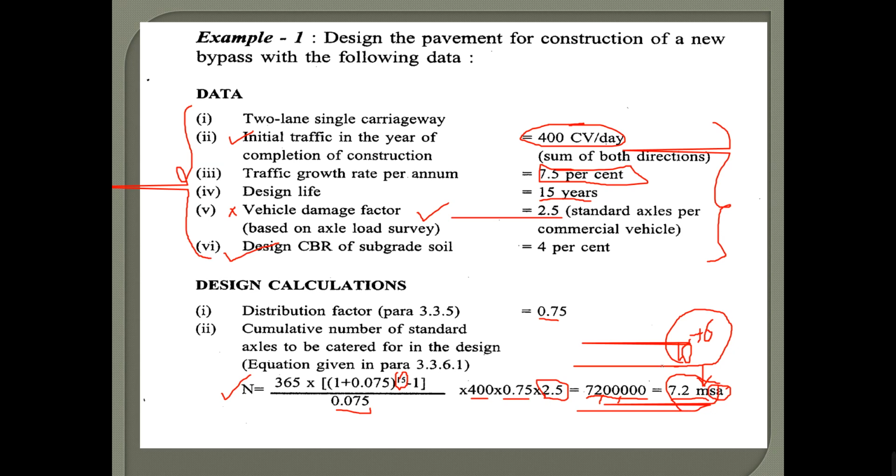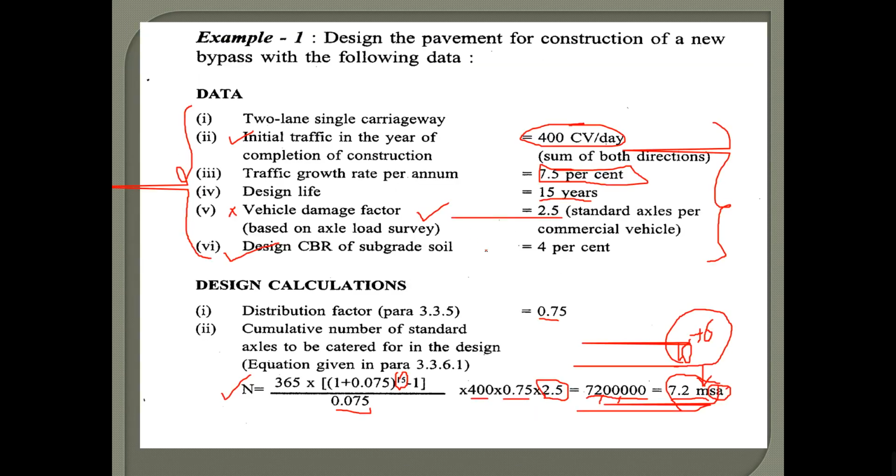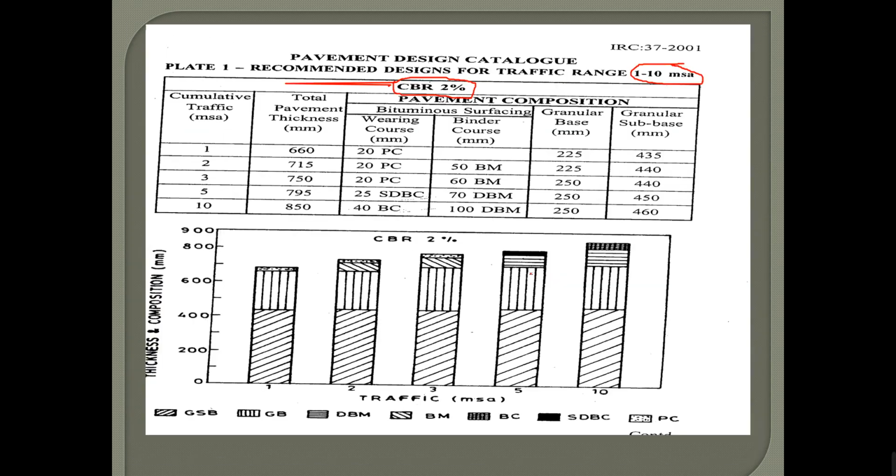So the range of the traffic that has been given to us is 1 to 10 MSA. Whether that 7.2 is lying in between 1 to 10 MSA or not? Yes, but what is the value of CBR that has been given to us? It is 4%. So should we refer to this catalog? No, we are not going to refer to this particular catalog because the CBR is 2%.